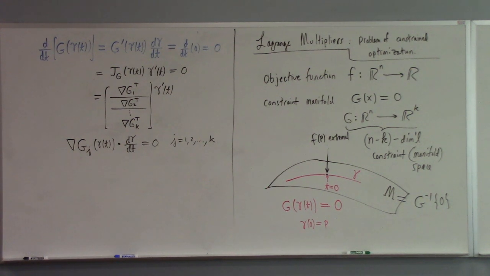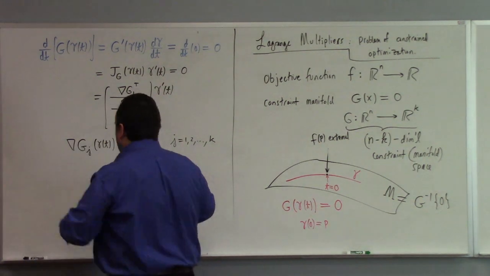This is very unsurprising if you stop and think about last lecture. What I'm saying is that the velocity vector to a path must be perpendicular to all of the normals to the constraint surface. The gradient of each constraint function is a normal to the constraint surface.